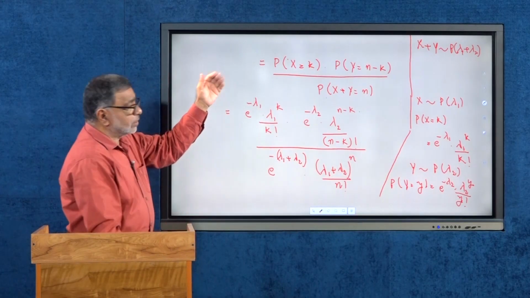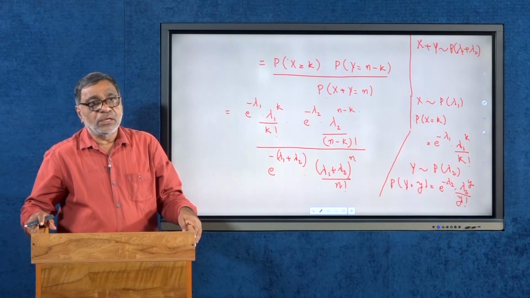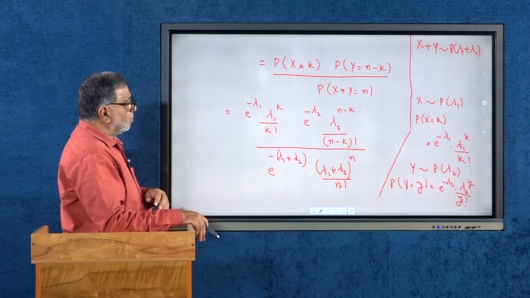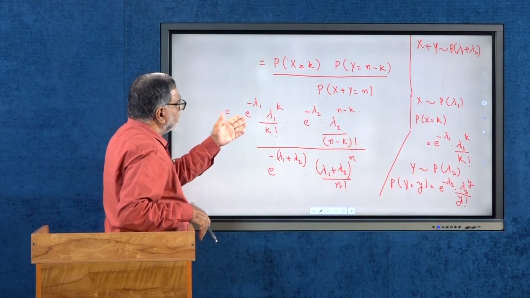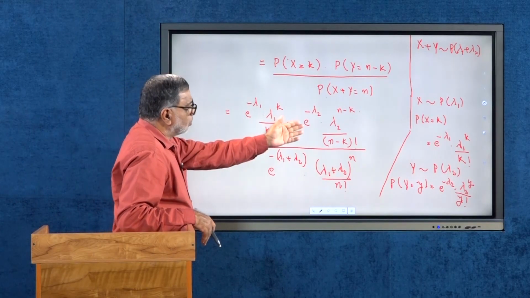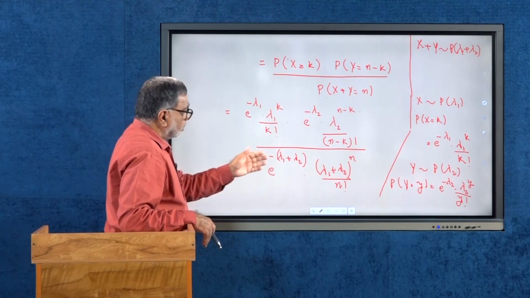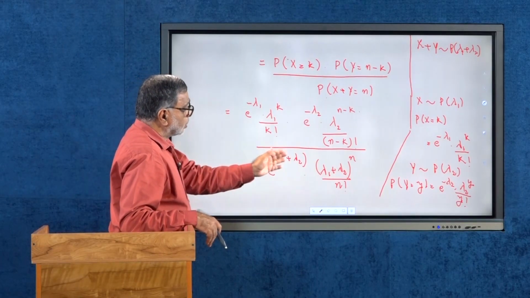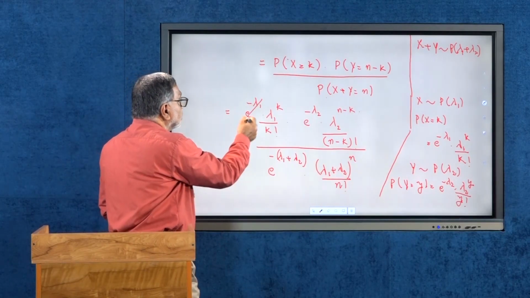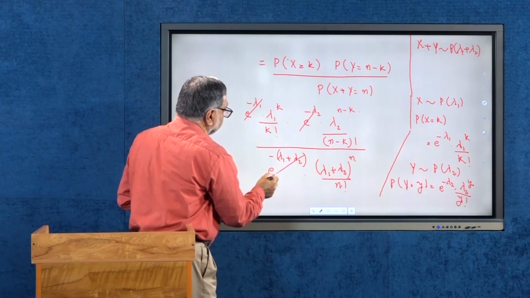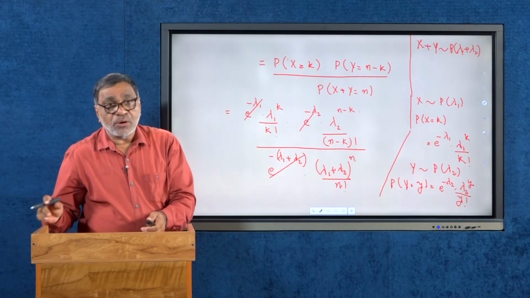So, starting from the conditional probability of X equal to k given X plus Y equal to n, we derived up to this. In the numerator there is e power minus lambda 1 and e power minus lambda 2, and in the denominator e power minus lambda 1 plus lambda 2. So, cancelling the common factors, what is the final quantity we have?